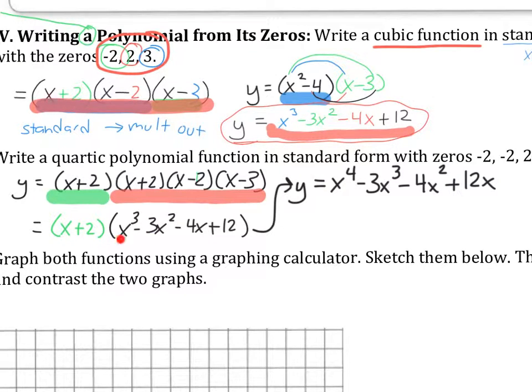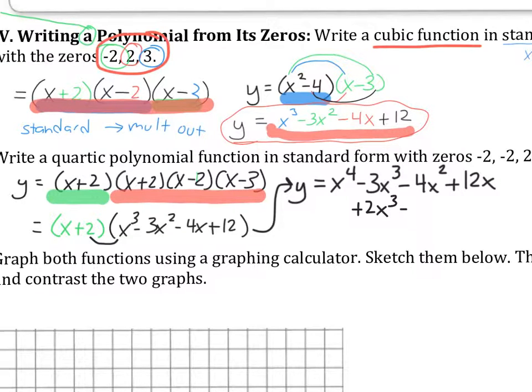Now the 2 distributes to each one. So as I distribute, I'm going to write it under the corresponding term. Why? Because I want like terms to line up. So positive 2 times x cubed gives me 2x cubed. So I lined it up with the cubic term.